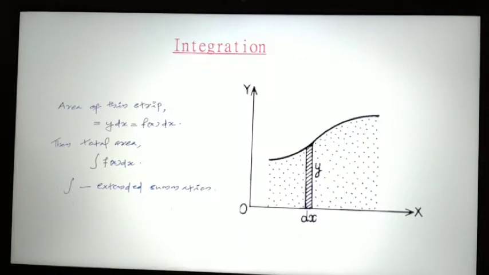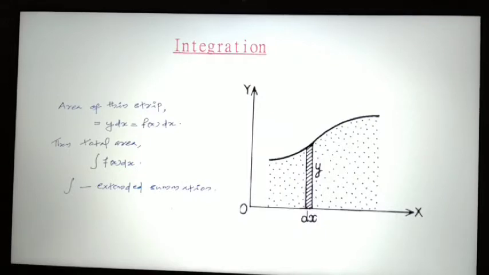So this integral sign indicates an extended summation. Instead of taking the summation, you are extending the summation from left extreme to right extreme. So the total area is the integral of f of x dx.